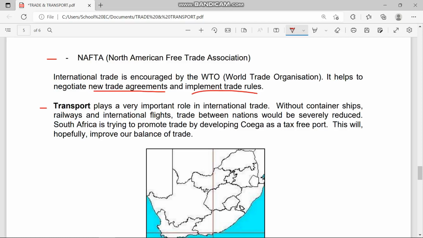You say that at least I'm able to move from this place to that place so that I can buy these iPhones at cheaper prices, come back to my country, sell them and develop the economy of my country. That's trade. That's also the role played by flights, which is transport.